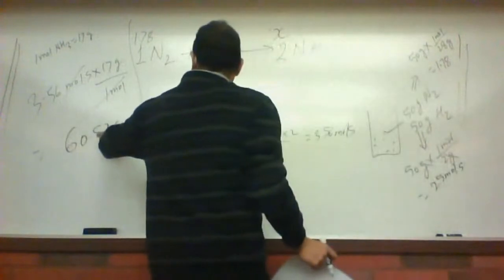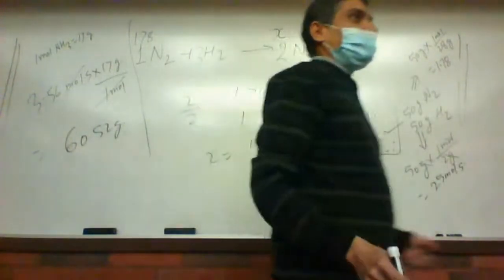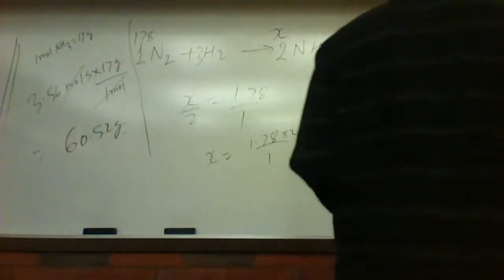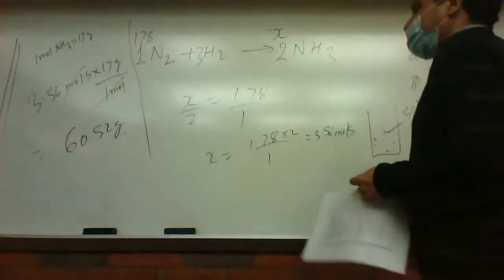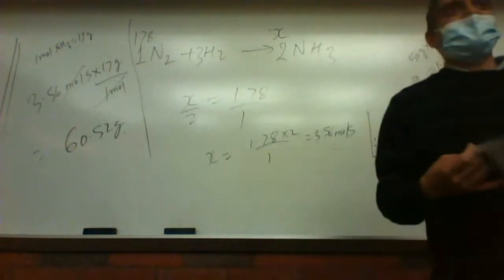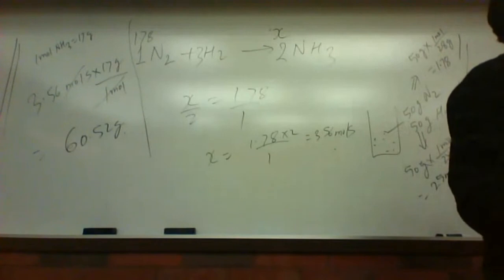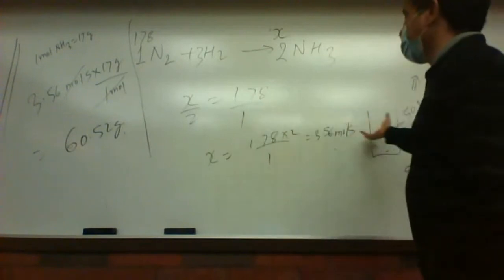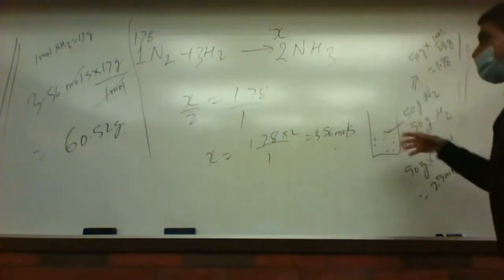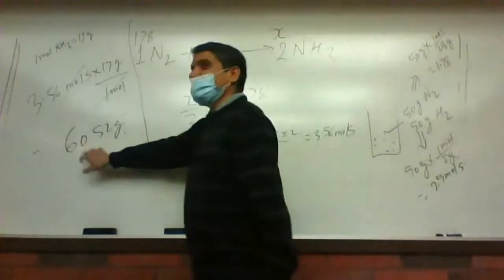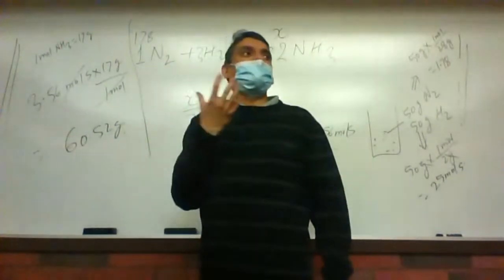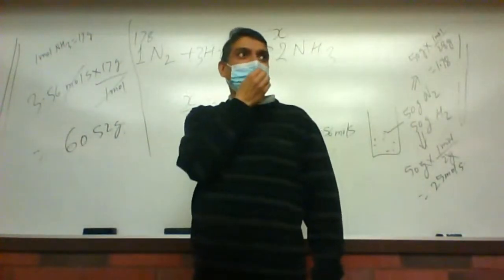Is this actual or theoretical yield? This is a theoretical yield, because I have not gone to the lab and done the experiment yet, right? This is all theoretical calculation I am making. So this many grams of ammonia I should produce if I did this reaction, right?